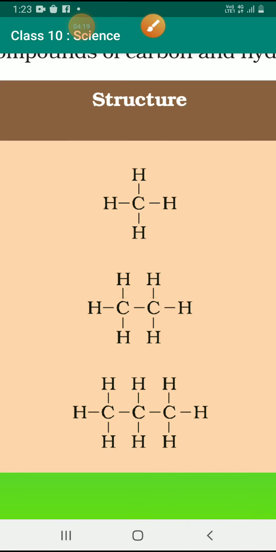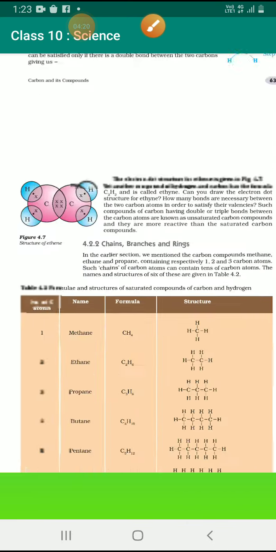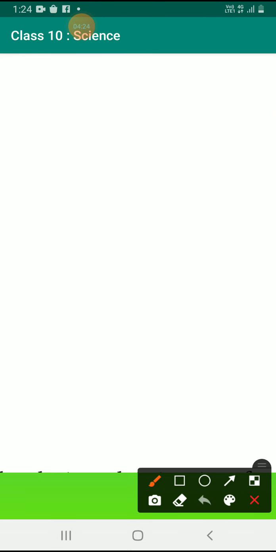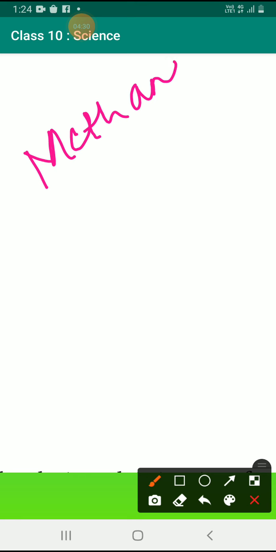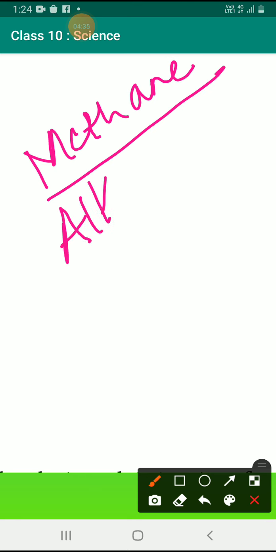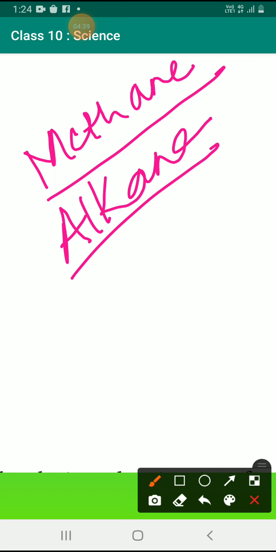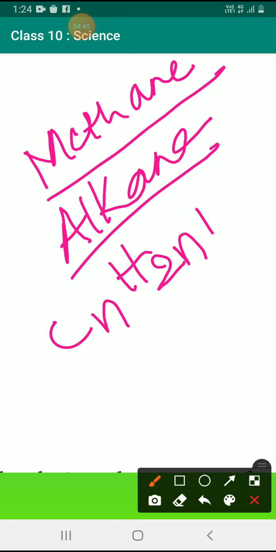So according to the formula, let's try to solve this. How are we going to solve this? Very simple. You know that methane is an alkane, correct? Alkane has the formula CnH2n plus 2.